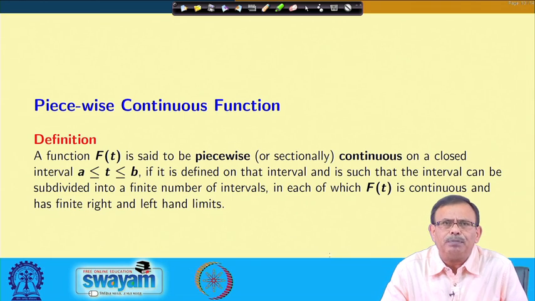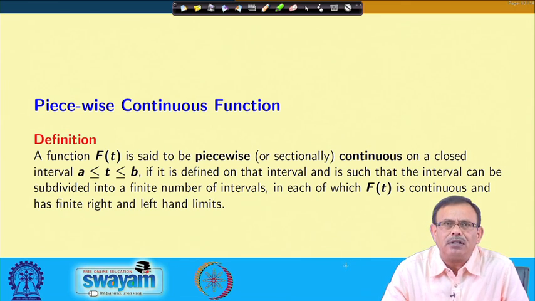Now, come to a piecewise continuous function. A function f(t) is said to be piecewise continuous or sectionally continuous on a closed interval a to b if it is defined on that interval, and the interval can be subdivided into a finite number of intervals, in each of which f(t) is continuous and has finite right and left hand limits.